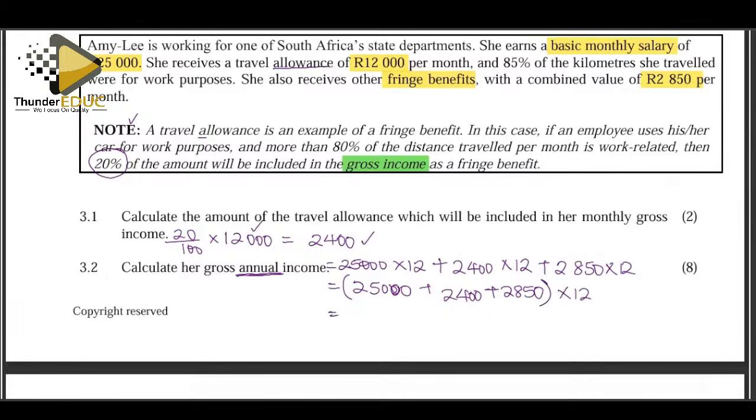So here, when we do this, we end up having 363,000. The moment you multiply by 12, you have the right values. You write the right values, the addition part of it.